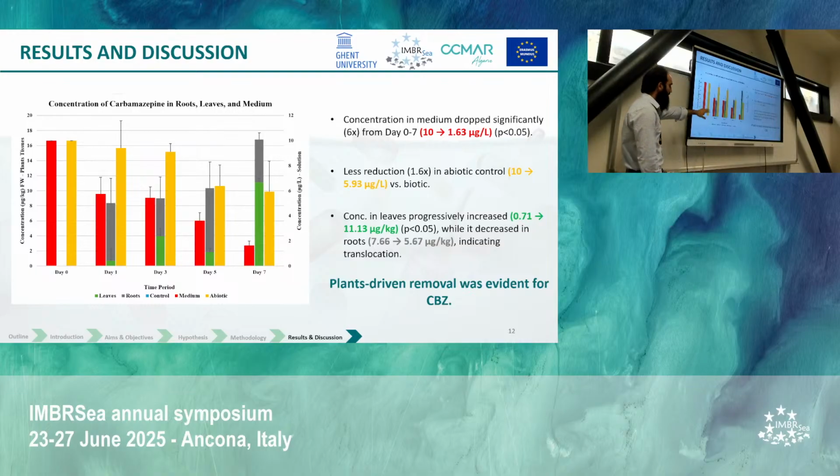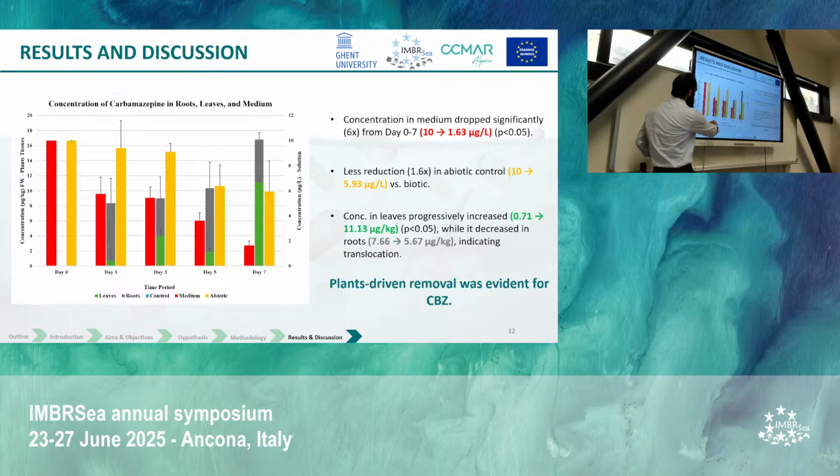Initially, at day 0, I used 10 micrograms per liter of these contaminants in the mixture: 10 micrograms per liter of carbamazepine plus 10 micrograms per liter of gemfibrozil. At day 0, we have this concentration, but after day 1, you can see the decrease in the medium.